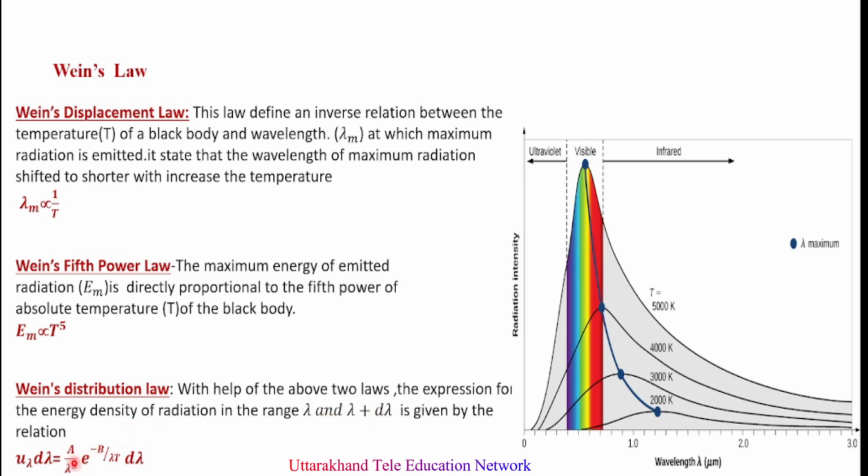It will be A upon lambda to the power 5, into e to the power minus b upon lambda T, into d lambda. So this relation is called Wien's distribution law.